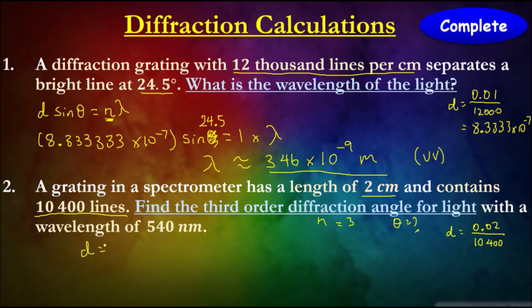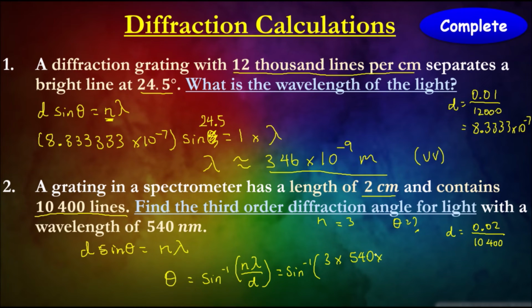So d sin theta equals n lambda. Just to change it up a little bit, we'll rearrange the values first. So it'll be n lambda over d. So that is sin inverse of 3 multiplied by the wavelength, 540 nanometers, so 540 times 10 to the -9.